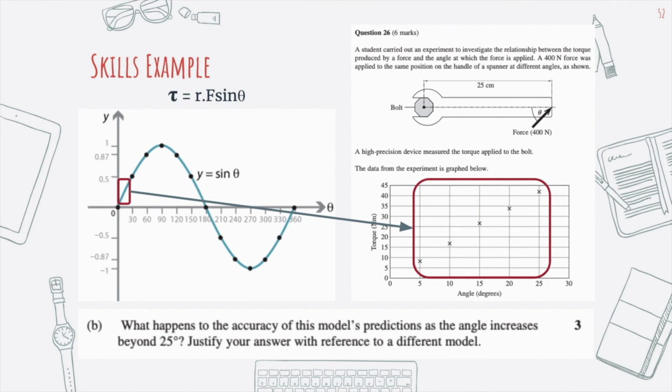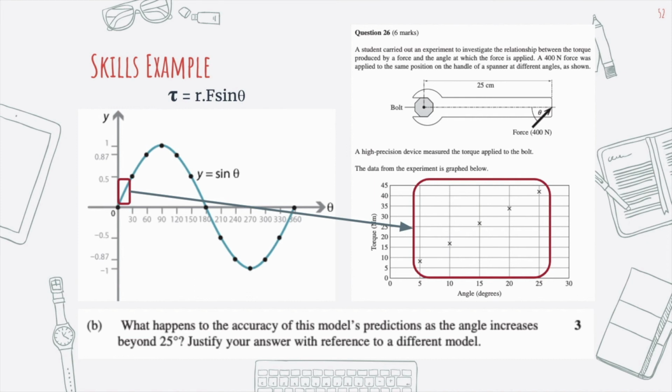However, once the angle increases greater than the small angles provided by the student, the model becomes less and less accurate at predicting what is going to happen to that value for torque. In fact, once the angle reaches 90 degrees, we see the maximum torque being produced. However, for any value greater than 90 all the way up to 180, we in fact see the opposite, where there will be a decreasing amount of torque produced as the angle increases.